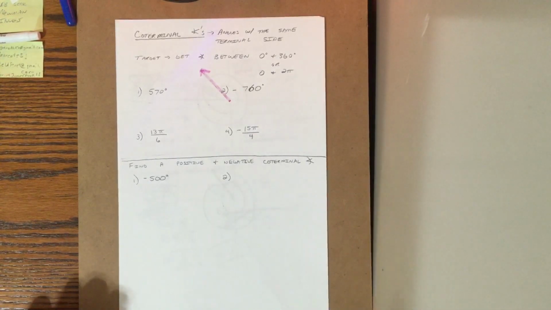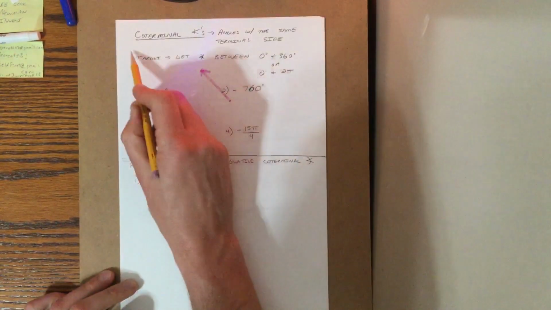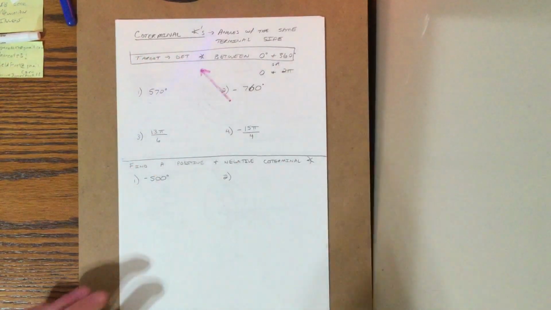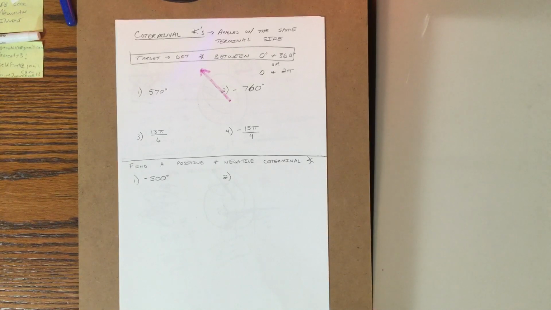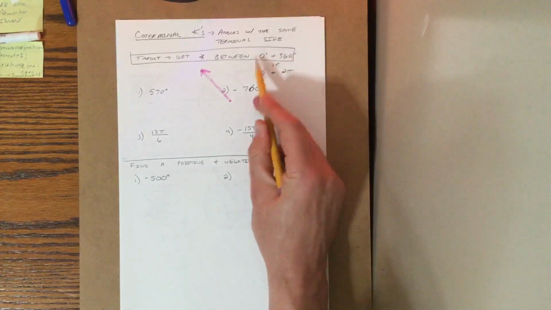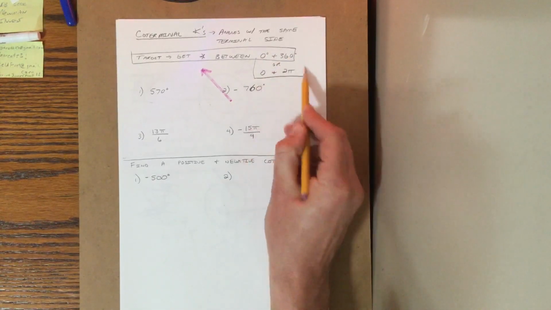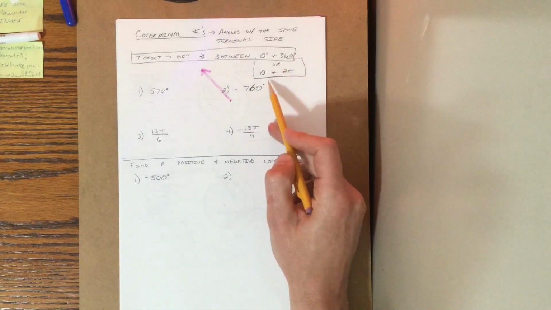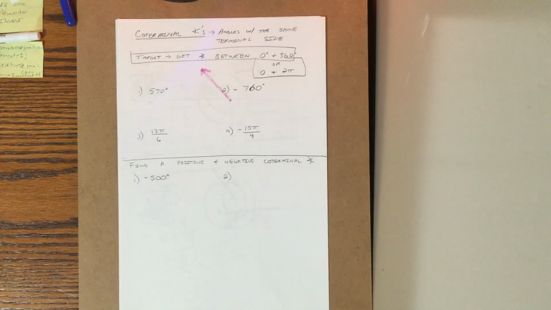In general, our goal will be to get the angle between 0 and 360. That's going to be our target once we start incorporating this with finding sine, cosine, tangent, and their reciprocals, because we're going to have these trig ratios memorized. So we want to get the angle between 0 and 360 if it's in degrees, or between 0 and 2 pi if it is in radians.